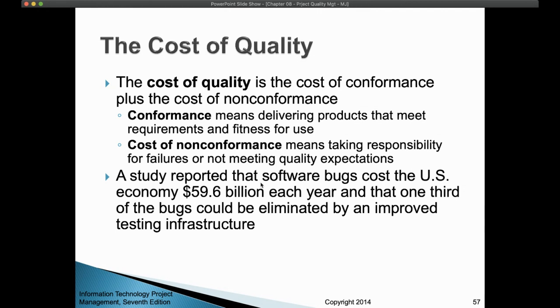Okay. So conformance means delivering products that meet requirements and fitness for use. Cost of non-conformance means taking responsibility for failure or not meeting quality expectations. Say the braking system of the car did not work. Then you have to take responsibility.